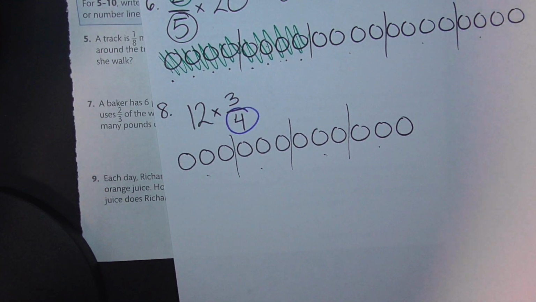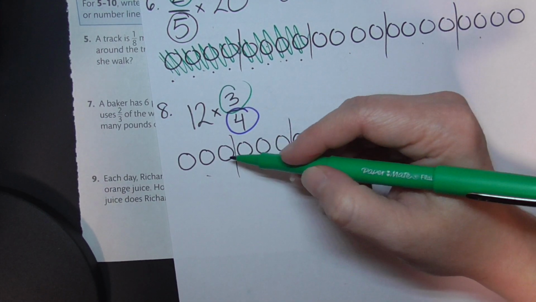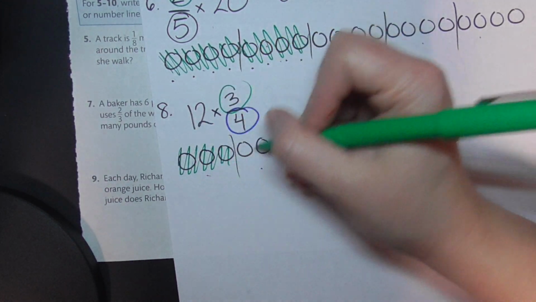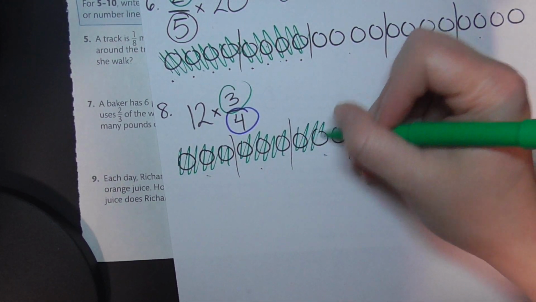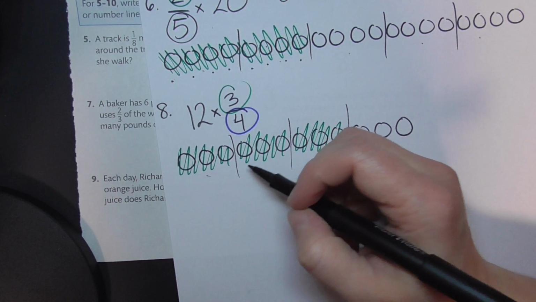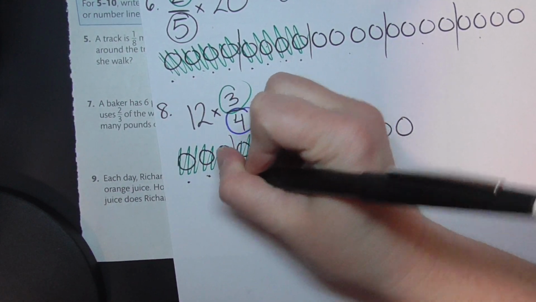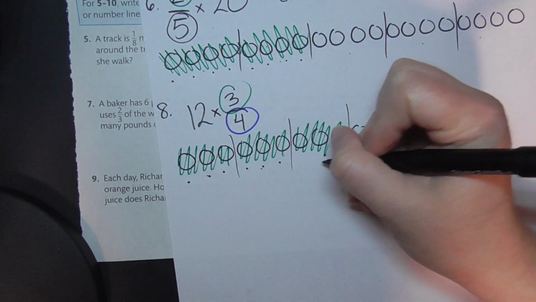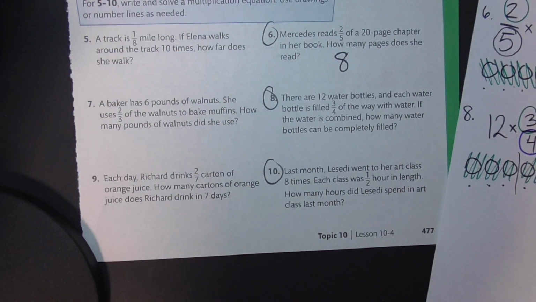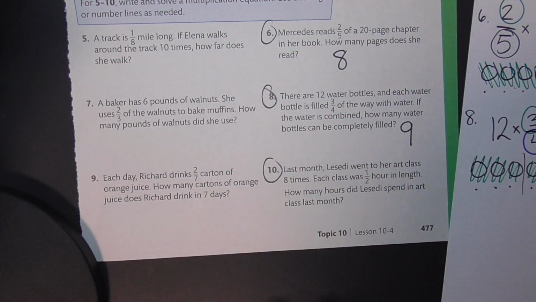Perfect. Now looking at my number on the top, I know that 3 of my 4 equal groups are going to be colored in. And now I go back and I count each part in my colored groups. 1, 2, 3, 4, 5, 6, 7, 8, 9. So my answer for number 8 is 9.